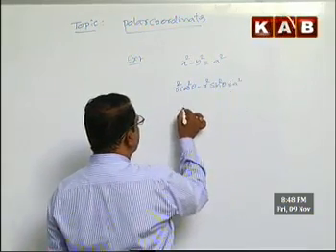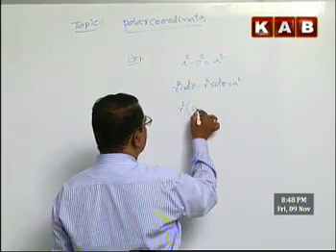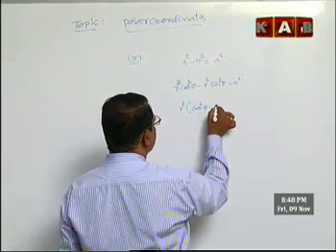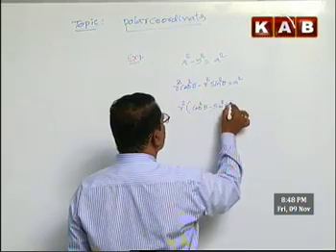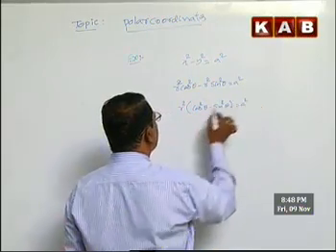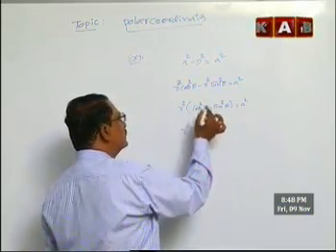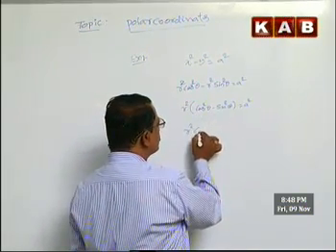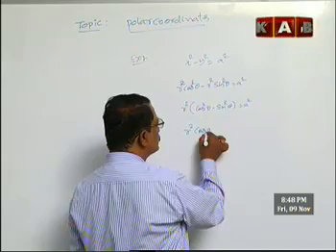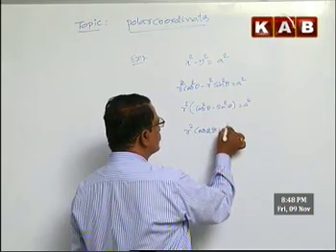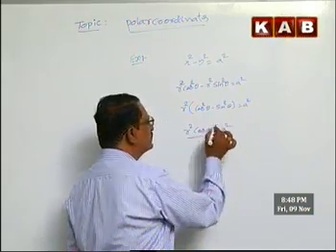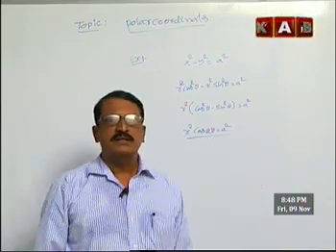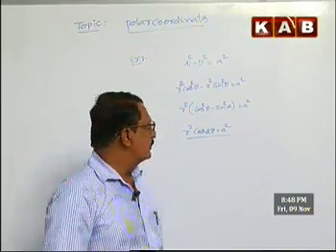Now r square common, r square into (cos square theta minus sin square theta) equals a square, but that equals cos 2 theta. So r square cos 2 theta equals a square. This is the required equation of the hyperbola in the polar form.